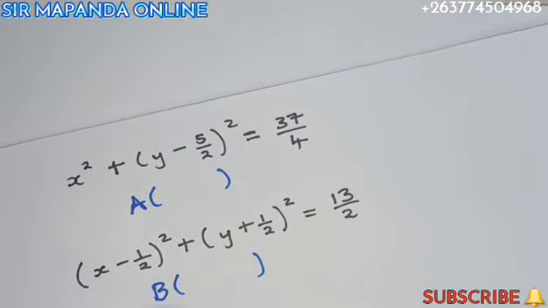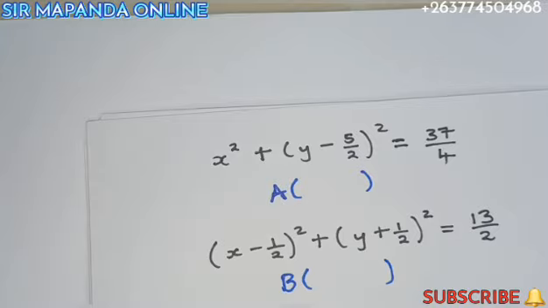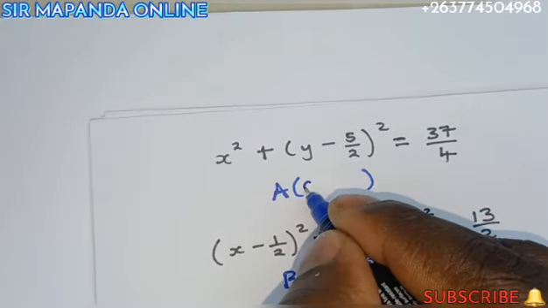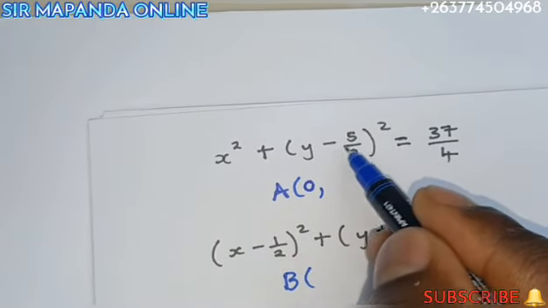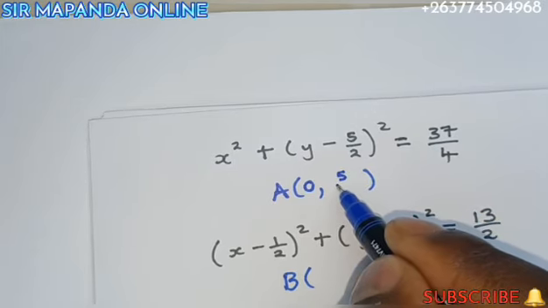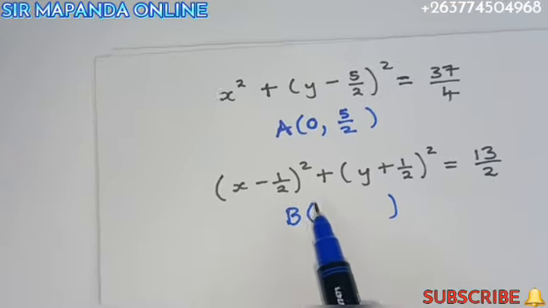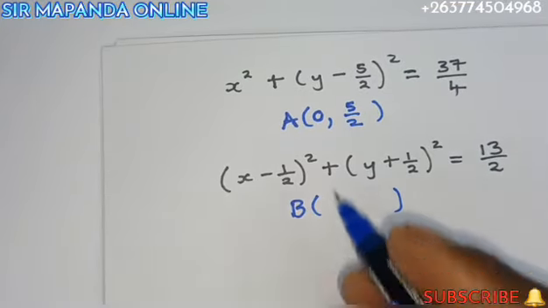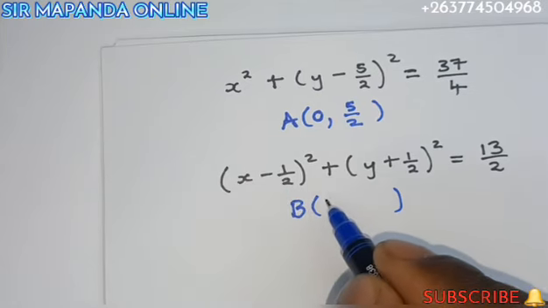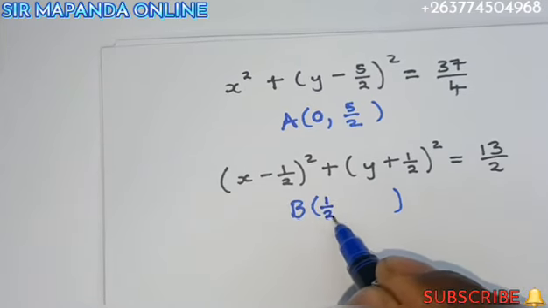Right. So here, if you have x squared, it means the x coordinate is 0. Then this negative 5 over 2 is going to become a positive 5 over 2. So the coordinate of A is 0 and 5 over 2. Then if we move on to the second circle, you can notice that we have a negative half. It gives us a positive half.